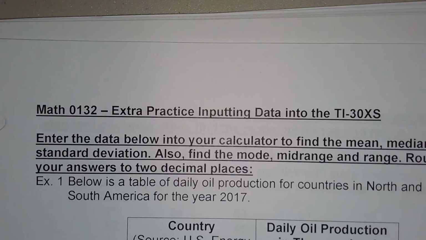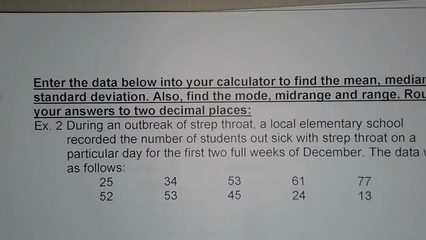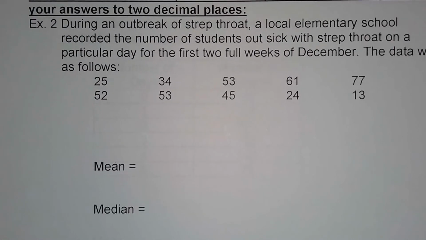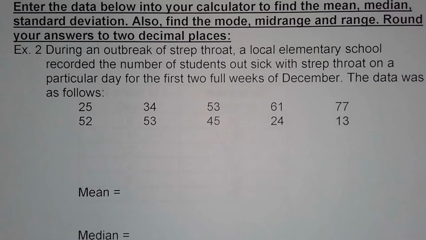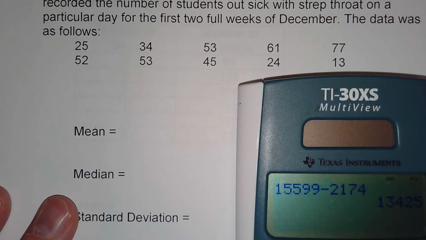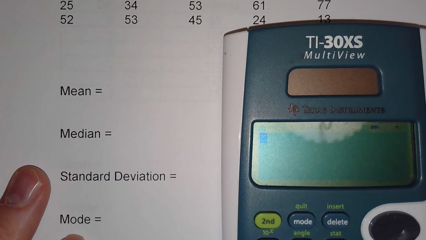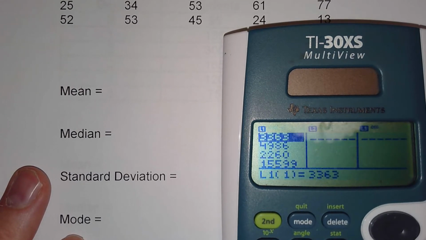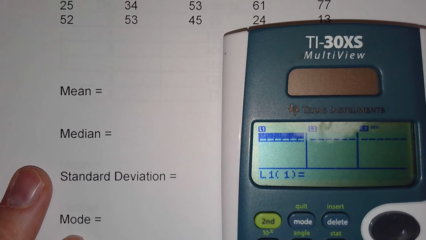So let's go ahead and try another one. I actually did this one to a certain extent before, but let's go ahead and do it full throttle this time. So again, I'm going to take my calculator, clear my screen, and do my data again, 4, clear everything out.